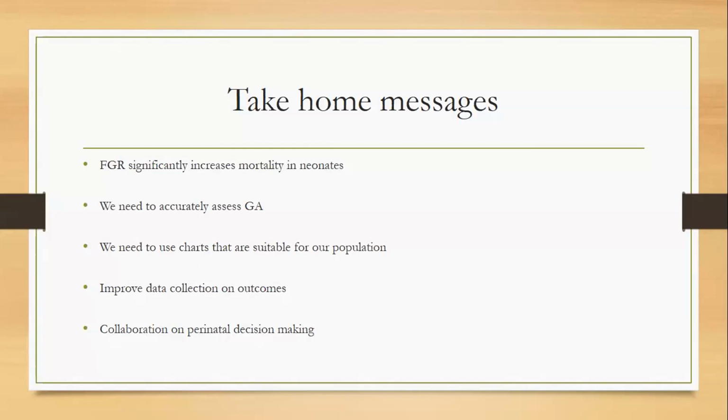But just from our clinical examination, we can tell that most of the babies in that unit are growth restricted. And then there's always need for collaboration on perinatal decision making. As you, the obstetricians, see these mothers, it's important for us to discuss together as we make decisions and also as we counsel these parents.